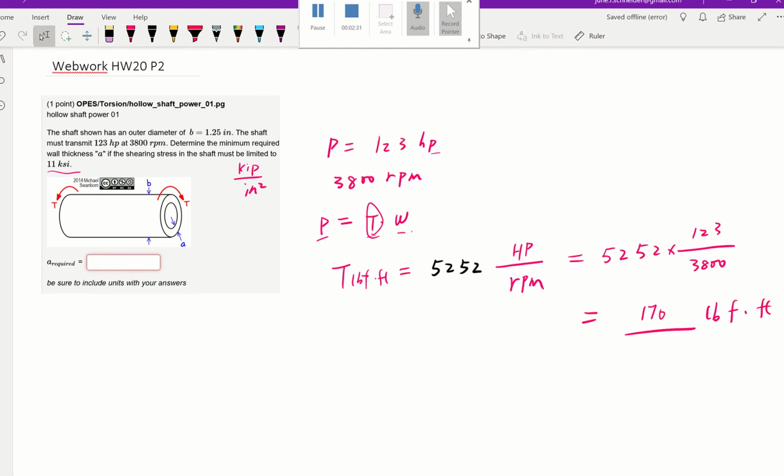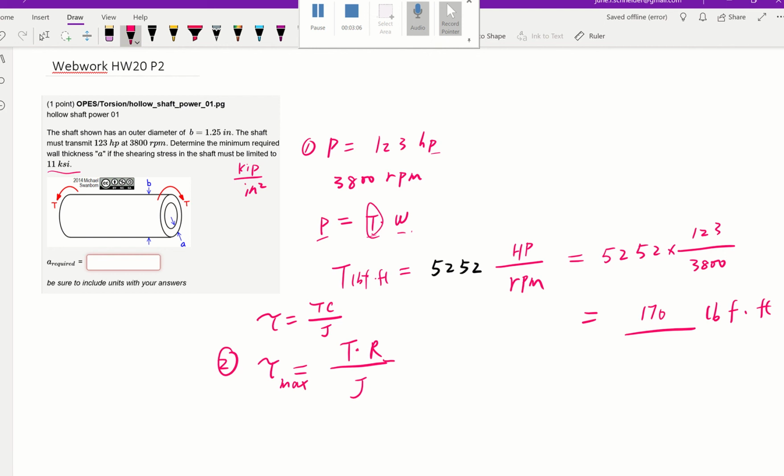Then we have to relate our next topic, which is shear. Shear stress tau is equal to the torque times the maximum radius over J, TR over J, because we normally use tau equals TC over J, and C ranges from 0 to the outer edge, which is the radius.